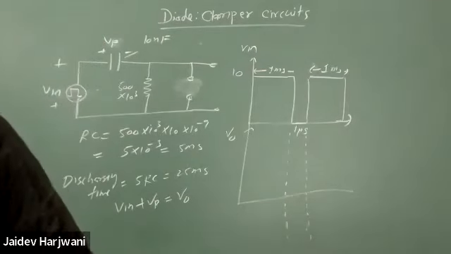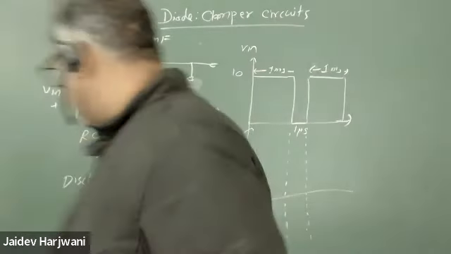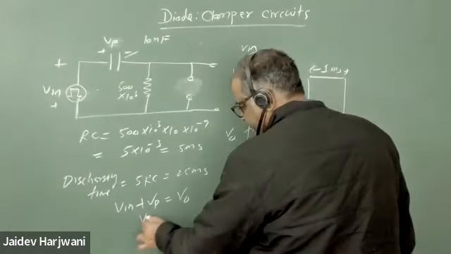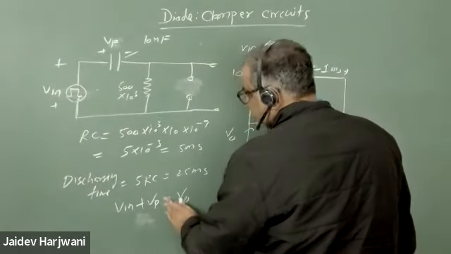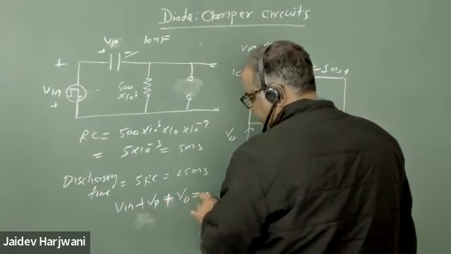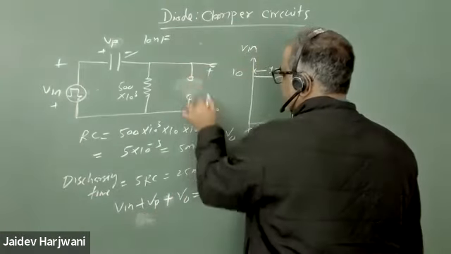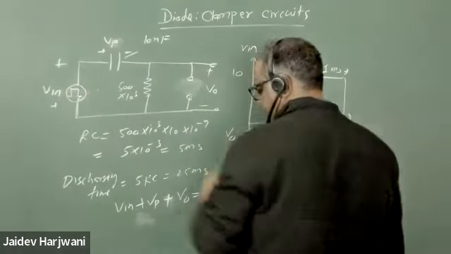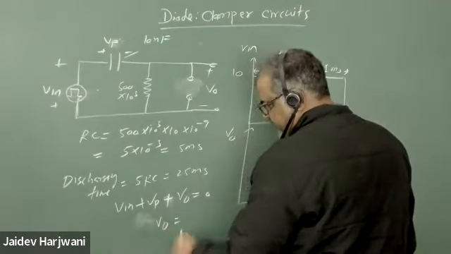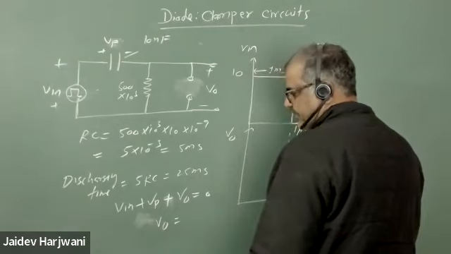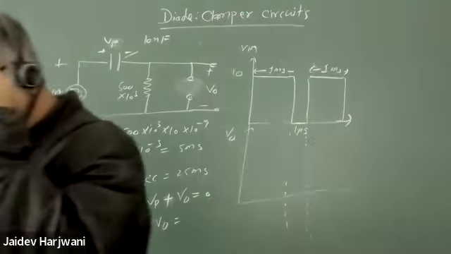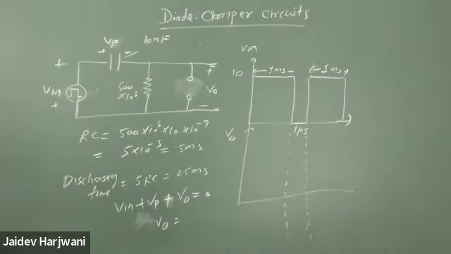Now you can see the V naught. If I want to find V naught from this equation, how much will it be? Is this equation correct? Let me check.